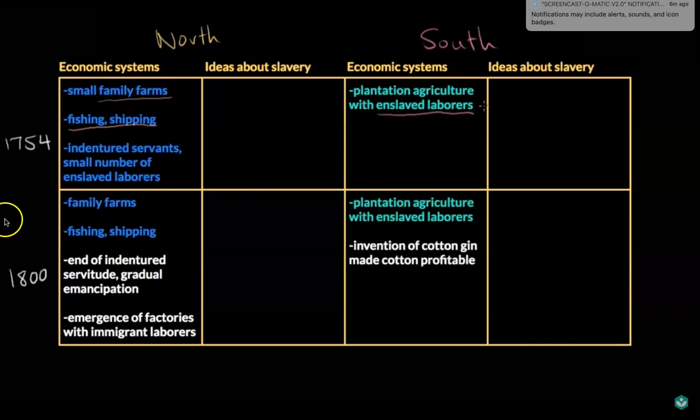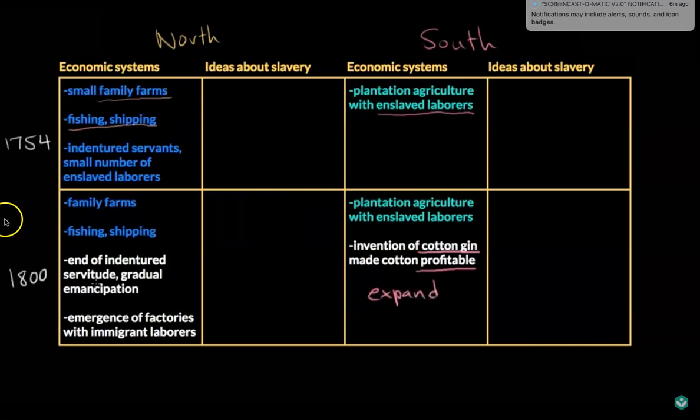But unlike in the North, where the technological innovations of the Industrial Revolution made indentured servants or enslaved laborers unnecessary, the major technological innovation of the cotton gin made cotton easier to process and therefore saved it as a profitable crop, which made slave owners eager to expand the institution of slavery rather than phase it out.